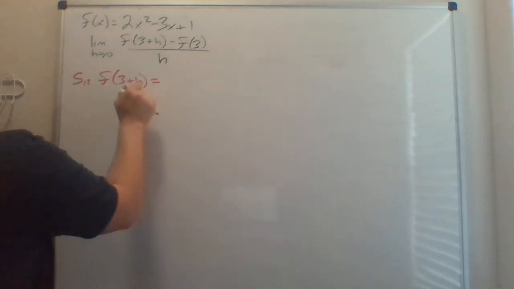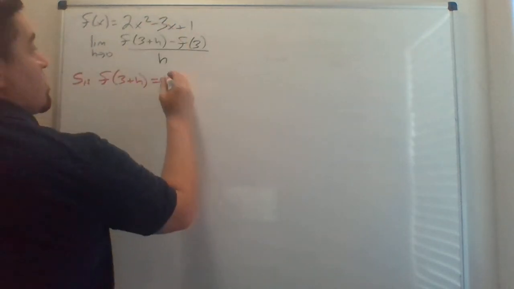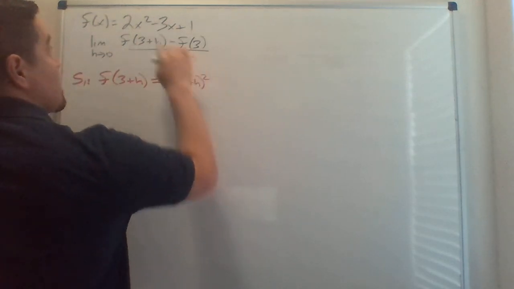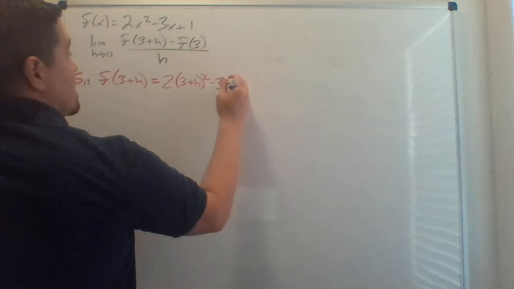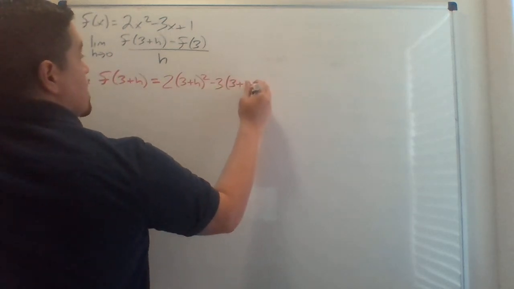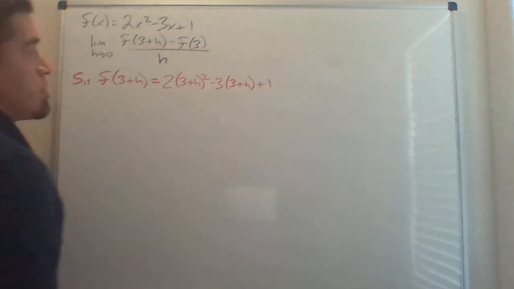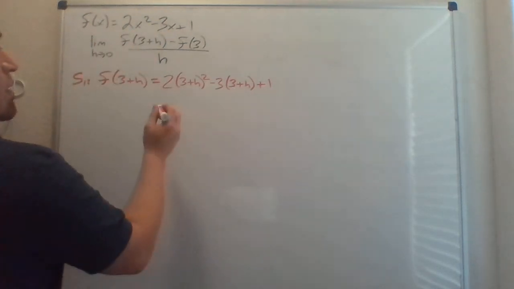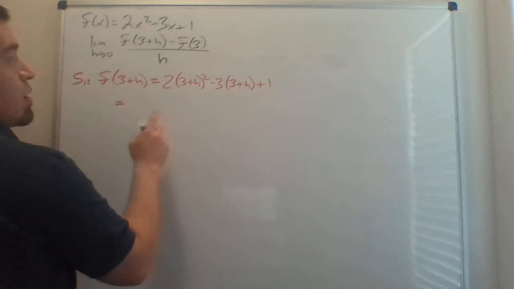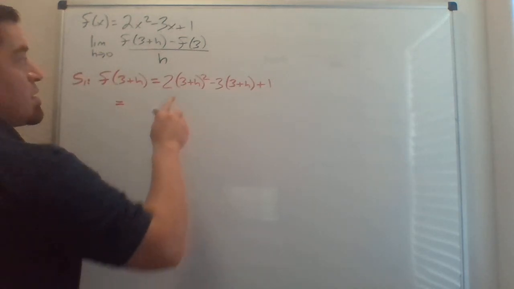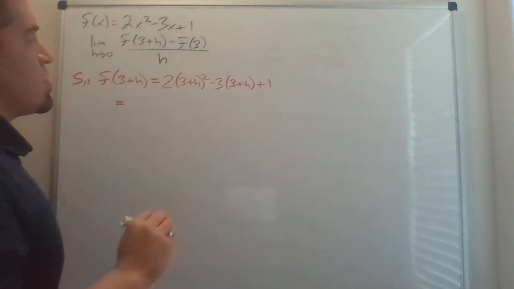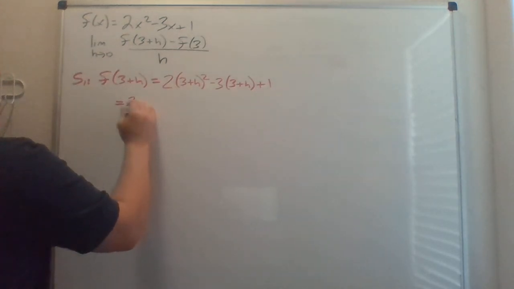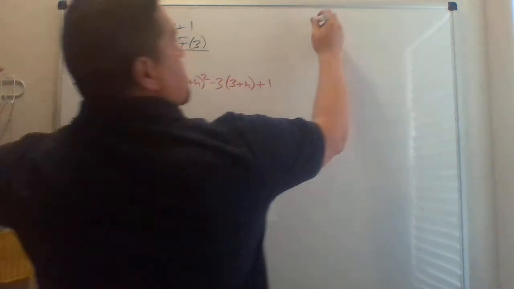This means the same thing. You're going to replace all the x's with 3 plus h. So I got to do 2 times 3 plus h squared, because it's squared, minus 3 times 3 plus h plus 1. So basically 3 plus h just went in for the x's there. Now we're going to do 3 plus h times 3 plus h. My goal is for you to be able to do this in your head, but I'm going to show it one time.